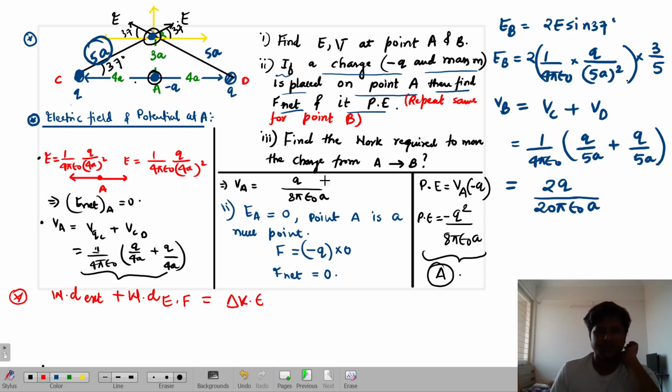Now, the first thing you need to remember: if nothing is mentioned in the question, then remember that charges are moved slowly. These are most important things. I'll take a page actually.